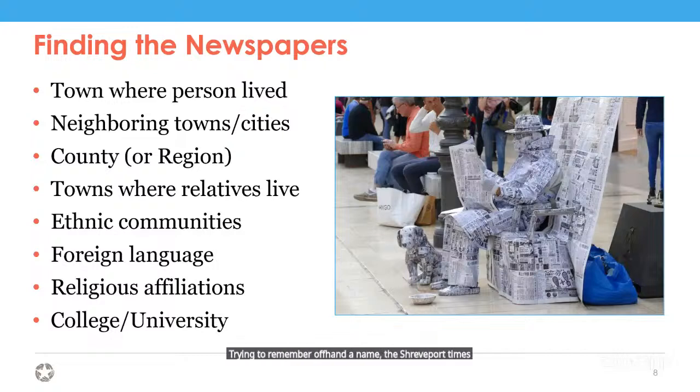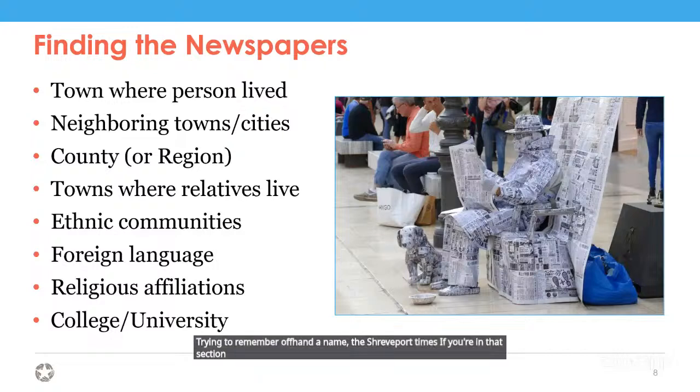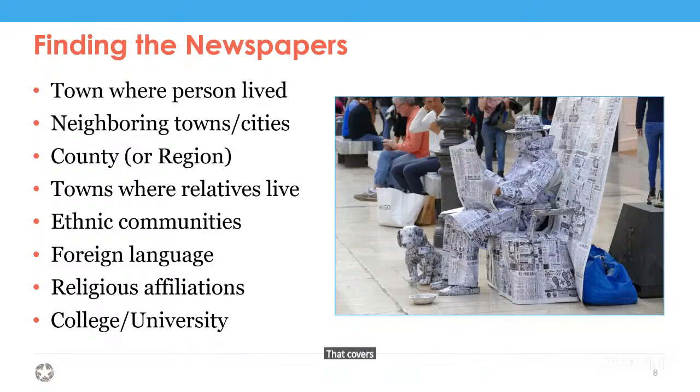If you're in that section of Louisiana, that covers a wider region, and you might find information there. It's a lot harder to find the granular, real local news in a newspaper like that.